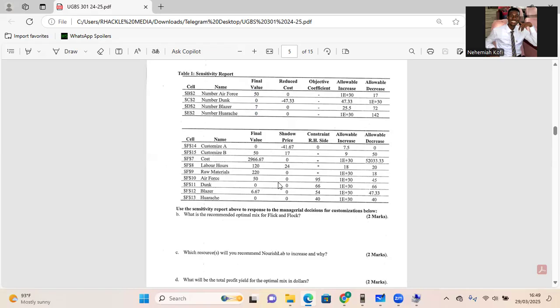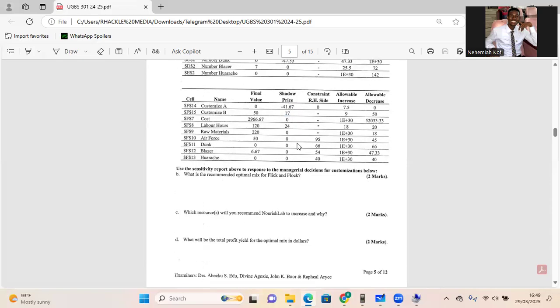But if possible, you can also include this, which is a customization. So you recommend that Flick and Flock should increase customize B and also labor hours, because increasing them actually increases profit.